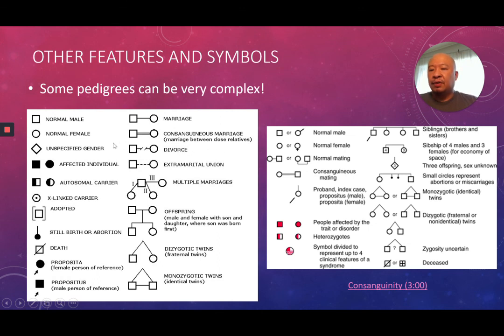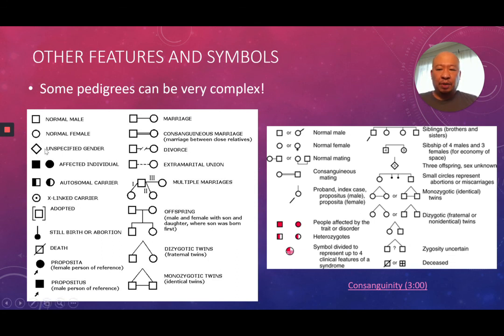So most of the time you can show that by breaking the marriage line to show that there's a divorce. There's one over here called unspecified gender. This just means that we're not sure what the gender actually is. You might know that a couple is pregnant and they're expecting a child, but you don't know what that child's gender is at the time. So if that's the case, we just use a diamond shape.